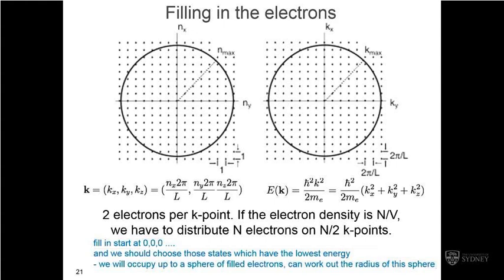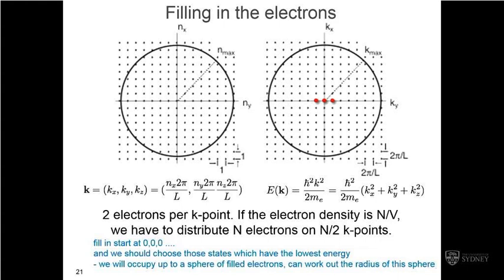Okay, and remember, cutting through, say here, it was a parabola. So the lowest energy will be the one in the center here. So we have to fill up. What we're wanting to do is to work out how many electrons we can fill this sphere up to, given that we've got N electrons and each K point can house 2 electrons.